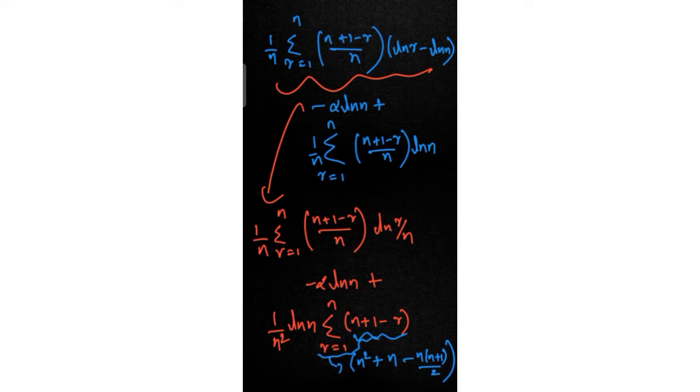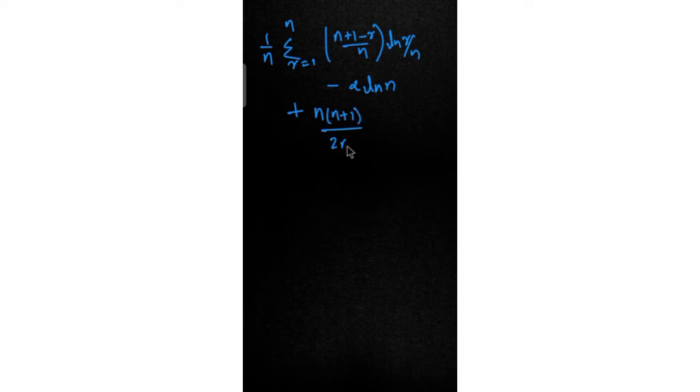So the next step is, the first term, that is (1/n) Σ from r=1 to n of (n+1−r)/n · ln(r/n). This is the first term, and then we have the second term, that is minus alpha ln n, and the third term would be n(n+1)/(2n²) ln n.